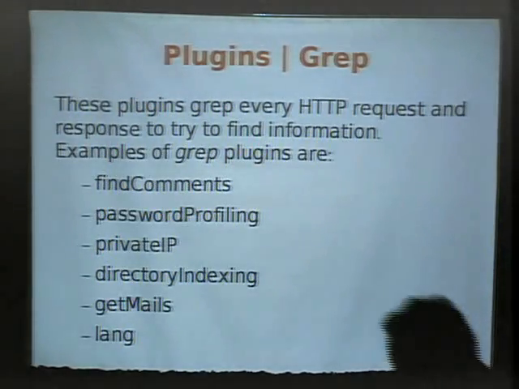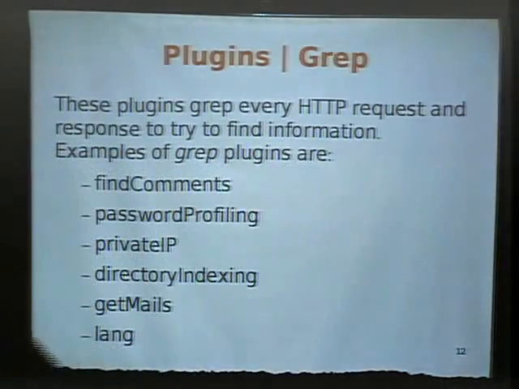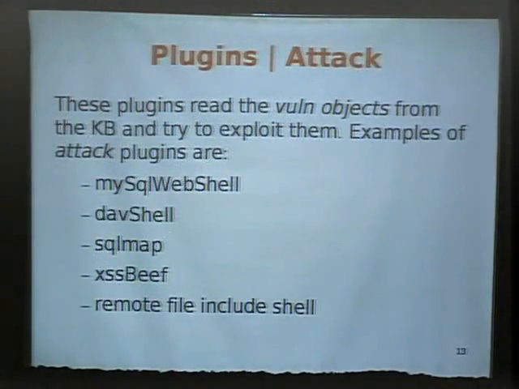Okay? So those 3 words are going to be used as passwords for the Joe at Bank of America. And we have like 50 plugins or 40 plugins that just find stuff in the response.